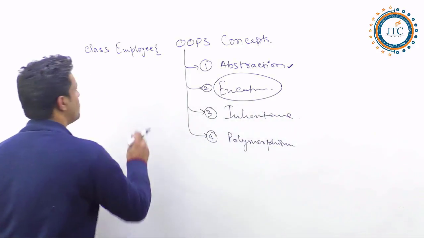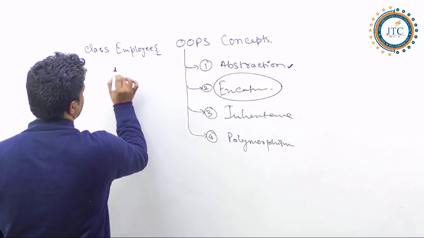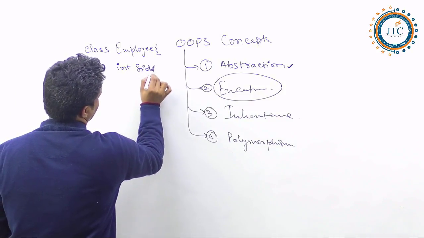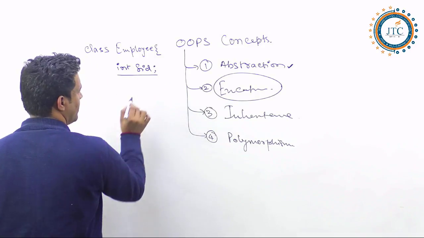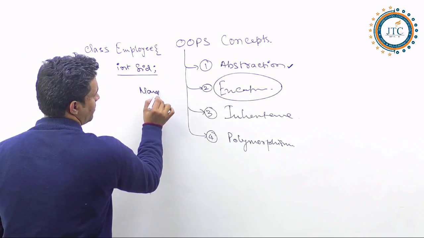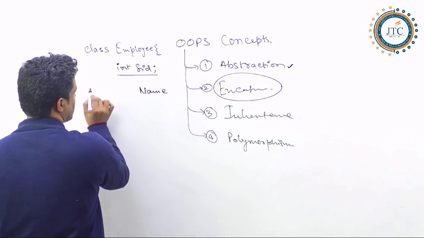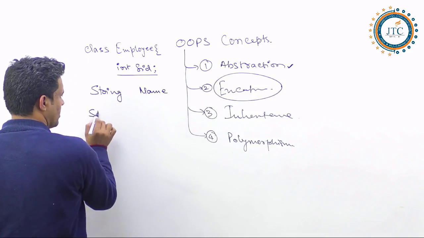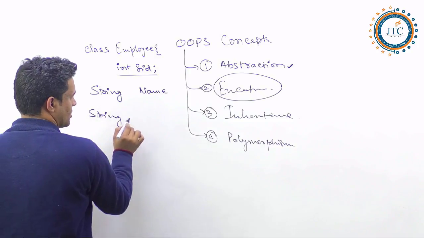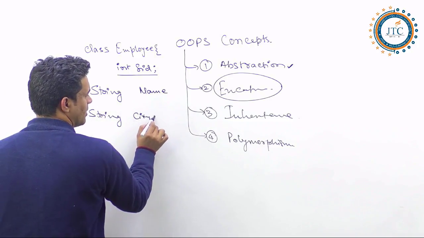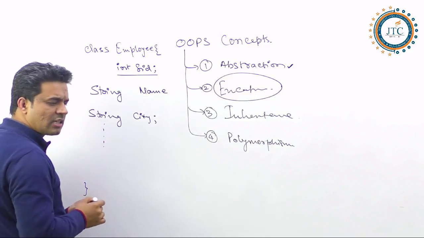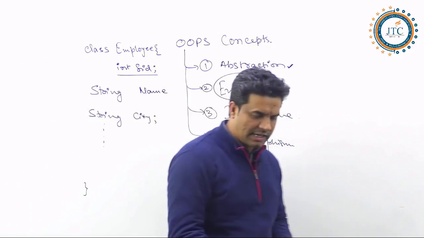In another form, suppose I am writing some data types here: int SID, then some name, a string, and a string for city. Like that, other fields and properties you are going to define inside this.